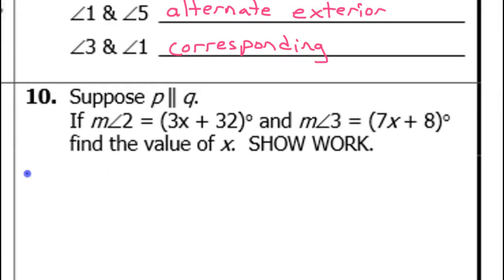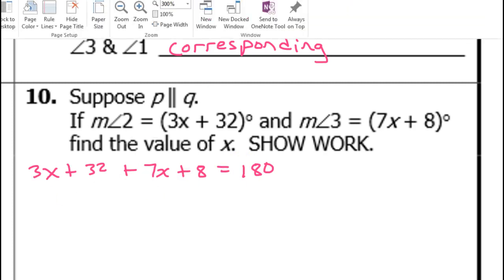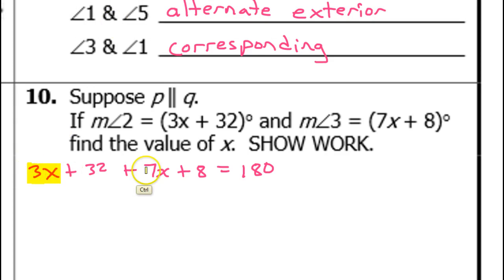So that's why I'm going to set up my equation this way. 3x plus 32 plus 7x plus 8. Those should equal 180. All right, supplementary. Now, combining my like terms, the 3x and my 7x, those are like terms. And the 32 and the 8, those are like terms.